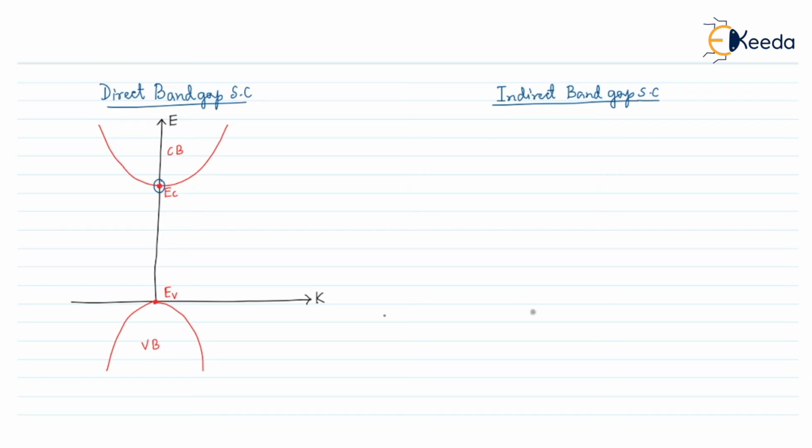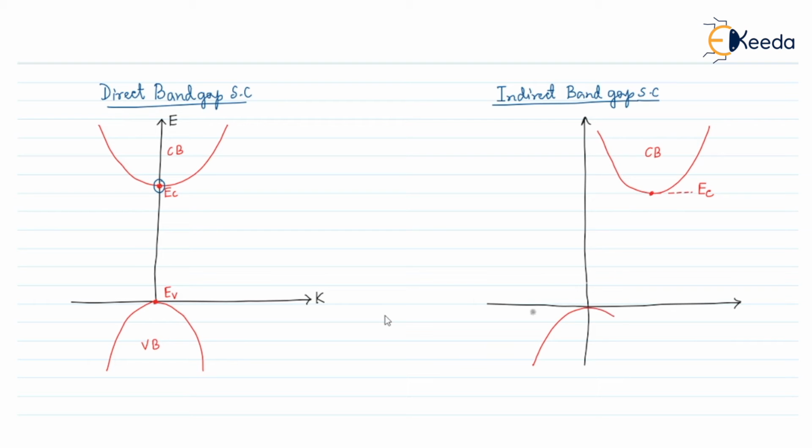If I draw the E versus K diagram for an indirect band gap semiconductor, it will look like this. Here is the conduction band, the EC energy level, and here is the EV energy level.